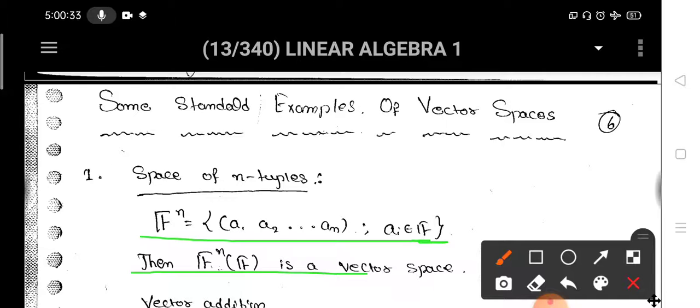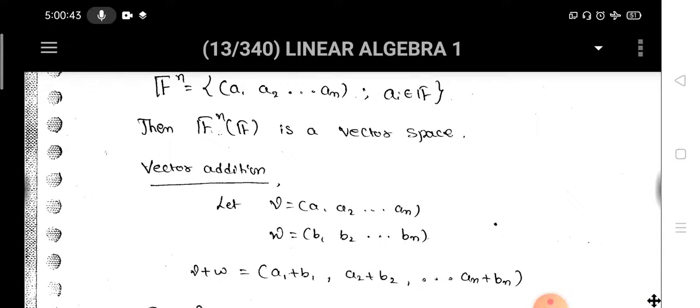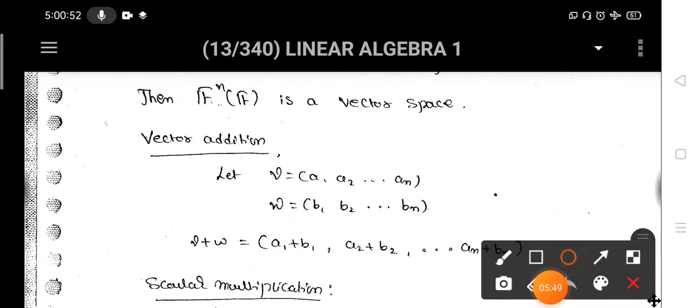Firstly, I have to prove that under addition it is an abelian group, and I have to prove that under scalar multiplication it satisfies certain properties. So let's start. Let's first of all consider the addition properties. If I take any two vectors, suppose v and w, see carefully, I am taking two vectors v and w.